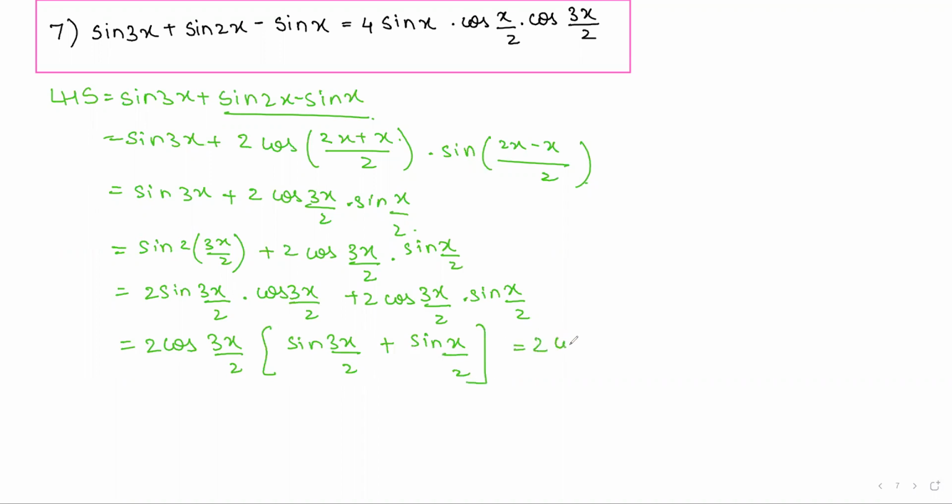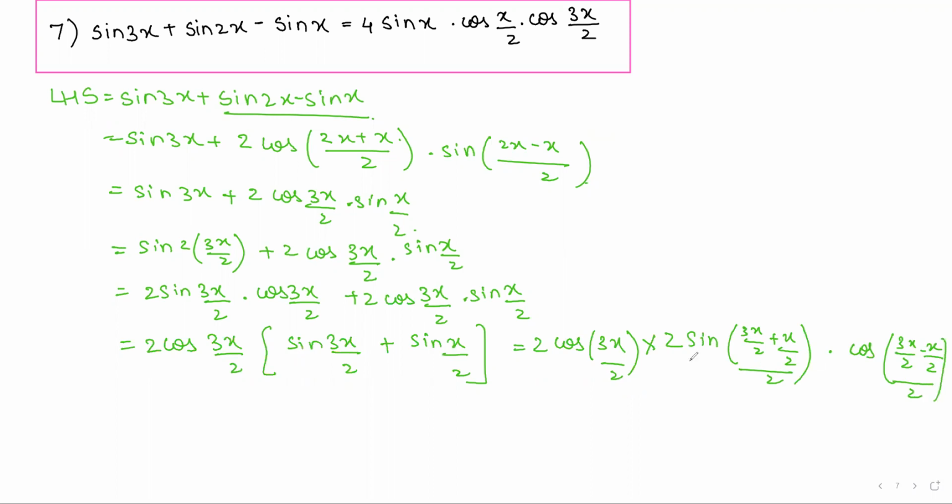This will be equal to 2 times cos 3x by 2. Here you are applying the formula of sine A plus sine B, which is equivalent to 2 times sine of (A plus B) by 2 into cos of (A minus B) by 2. So 3x by 2 plus x by 2 upon 2 into cos of 3x by 2 minus x by 2 whole upon 2.